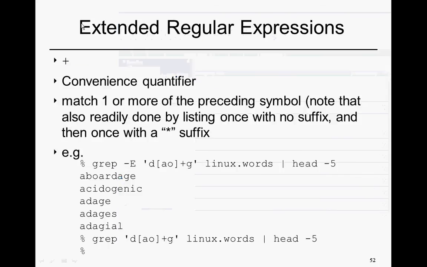Okay, as part of the discussion of regular expressions within CPD 214, we've been talking about common meta-characters used in matching expressions.